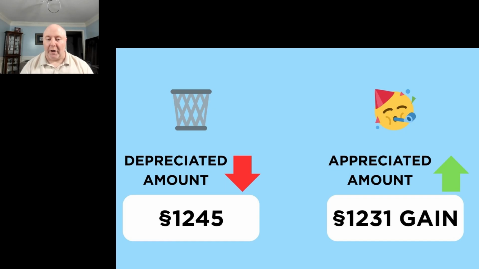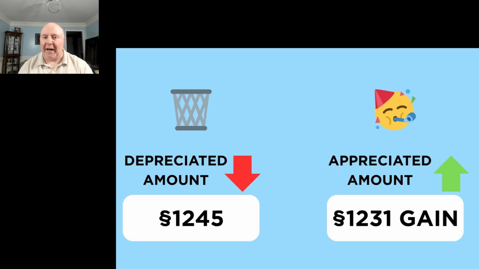The first one, 1245 recapture, is telling us that if our gain is due to the depreciation of the property, so we've been taking accumulated depreciation, that accumulated depreciation is going to recharacterize our 1231 gain, and to the extent of any depreciation, it's going to be ordinary.